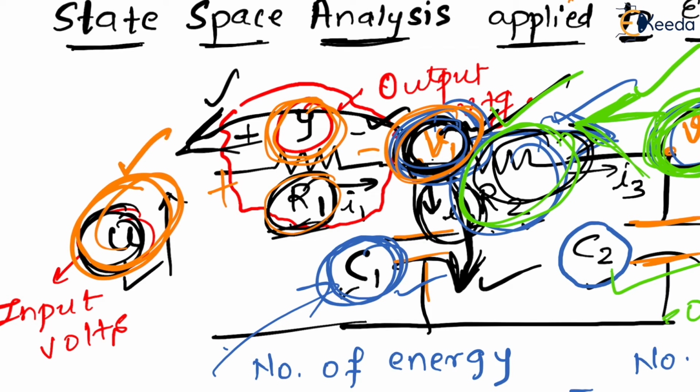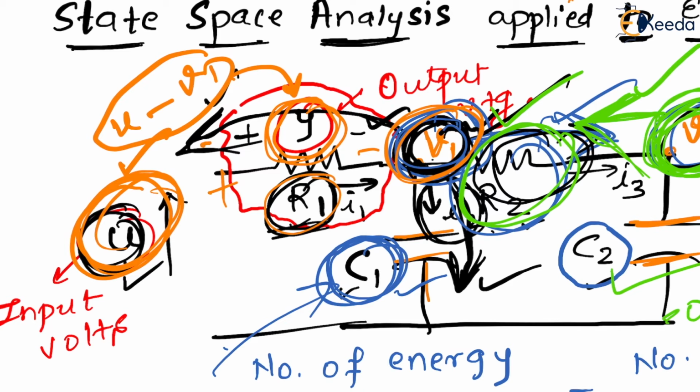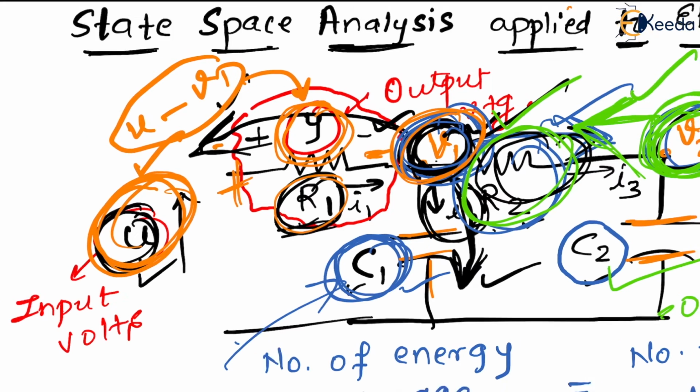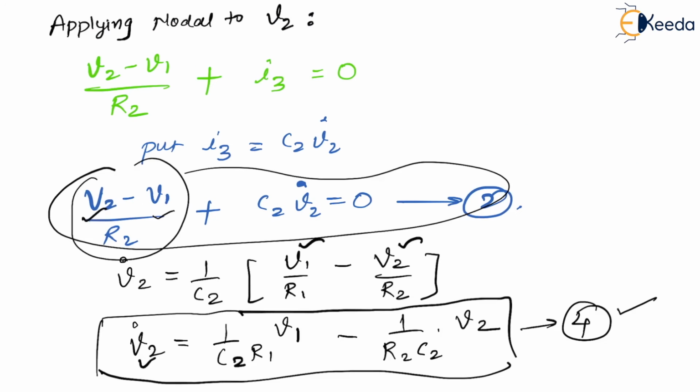This voltage is U and this voltage is V1. So U minus V1 is going to be Y only, because it is this voltage minus this voltage. So Y is equal to U minus V1. Let me take this as equation 5.